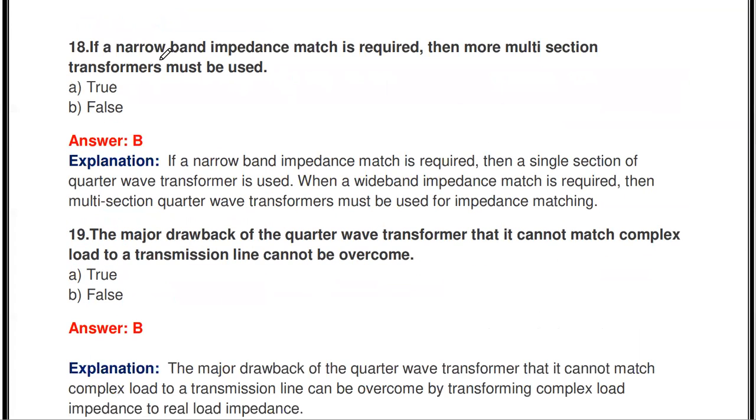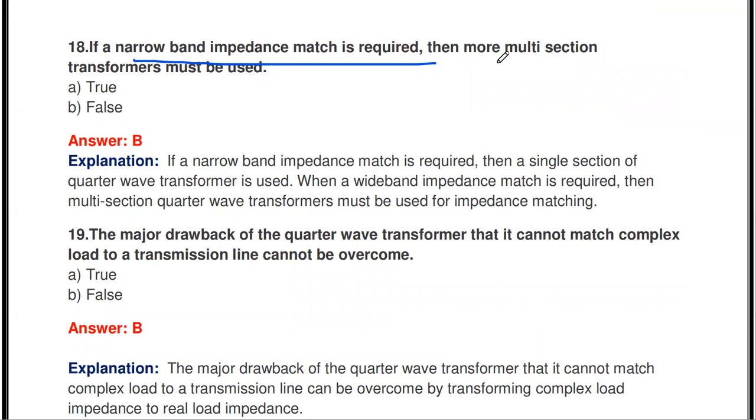Then the next one: if narrow band impedance matches are required, then multi-section transformers must be used. The statement is either true or false. It's false.